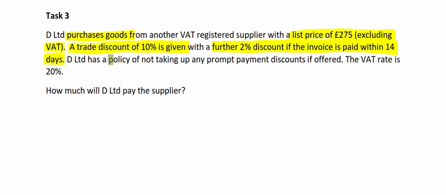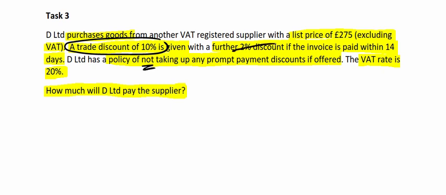And Delimited has a policy of not taking up any prompt payment discounts if offered, and we're told that the VAT rate is 20%. How much will Delimited pay the supplier? Well, they're going to pay the gross value of the invoice after, in this case, the trade discount, because that is given automatically. But if they don't take up the prompt payment discount, we don't need to worry about the 2% discount. So let's start.